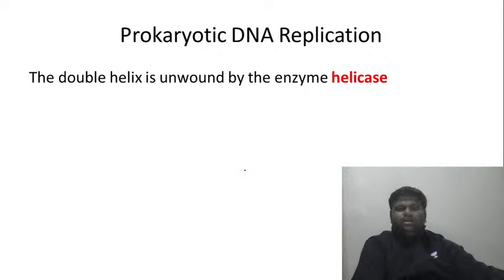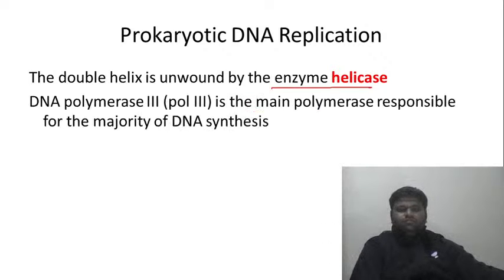So in prokaryotic DNA replication, the double helix is unwound by the enzyme helicase. DNA polymerase 3 is the main polymerase that is responsible for the majority of DNA synthesis.